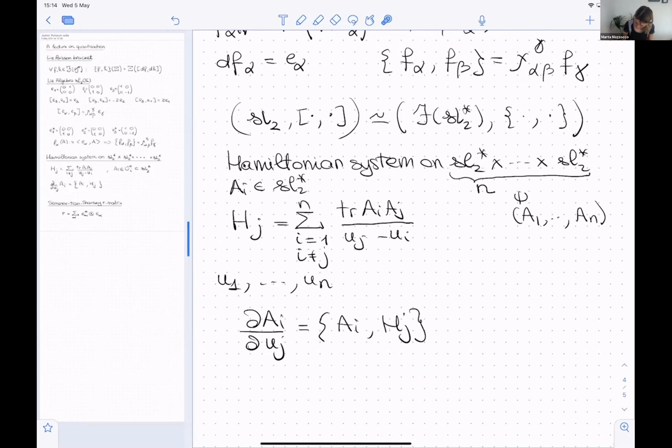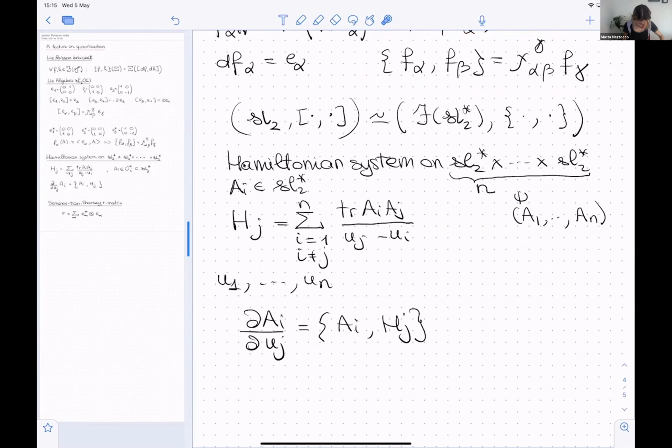But if we take two functions of the same matrix, then we are within the same copy of SL2, and in there we use the Poisson bracket that I gave you before, okay?